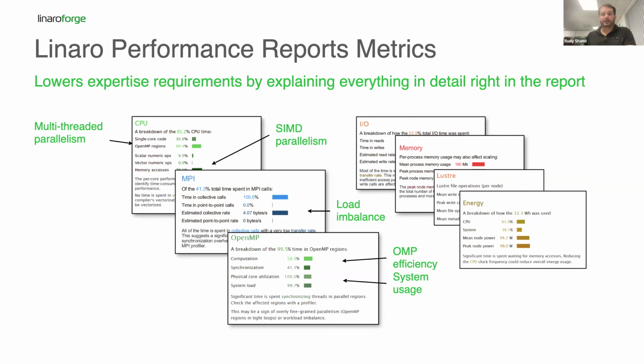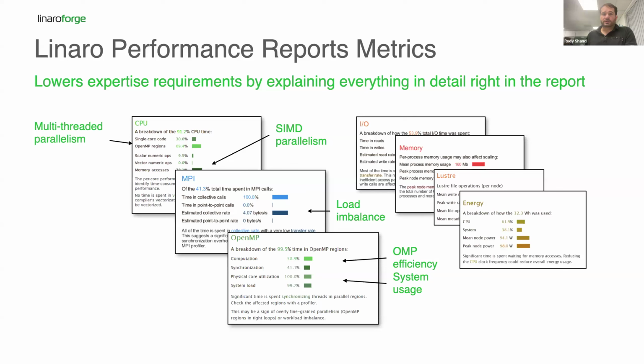And for each one of these breakdowns, the performance report is giving us some hints and tips. So for example, on the OpenMP, we're saying 58.9% is being spent in computation, and the physical core utilization is 100%, which seems quite good, but there is quite a lot of synchronization occurring in some of these parallel regions.